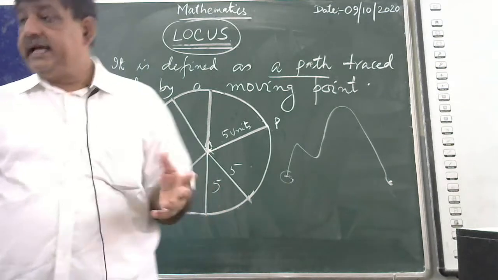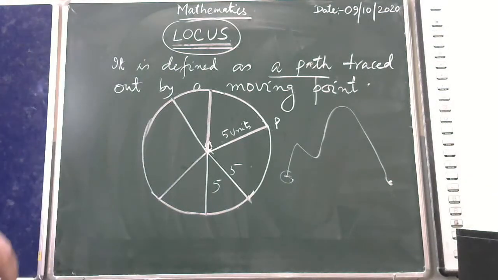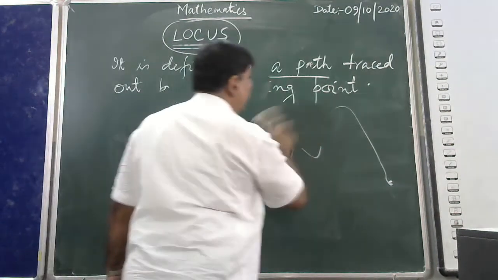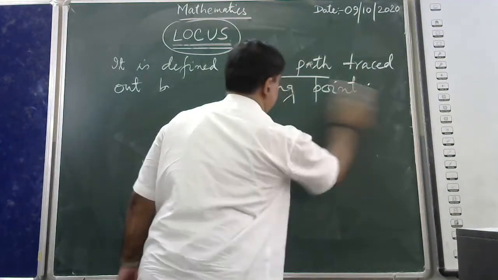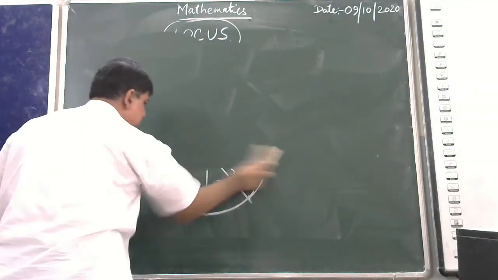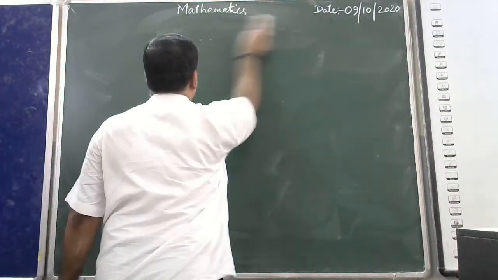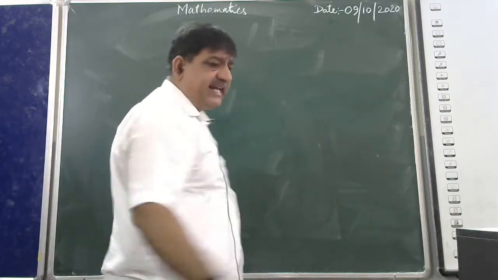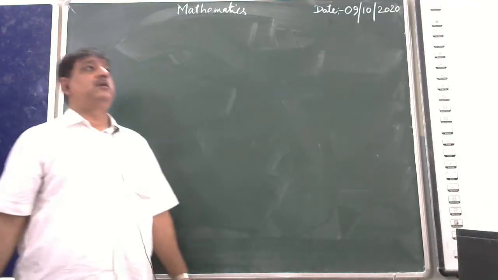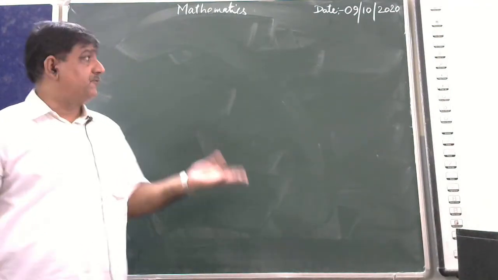And in coordinate geometry, each and every path has got an equation, whatever be the path. But I am just giving you an example that in class 9 and 10, you have drawn the graph of a few equations.